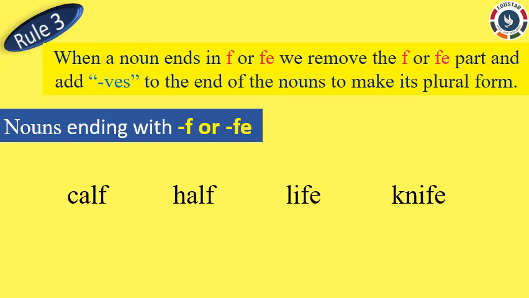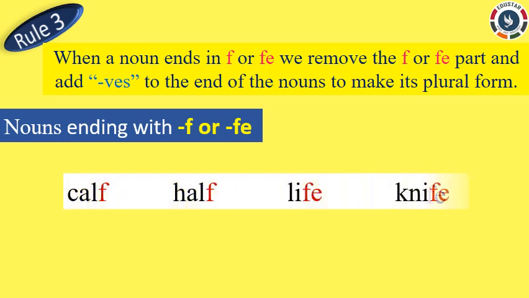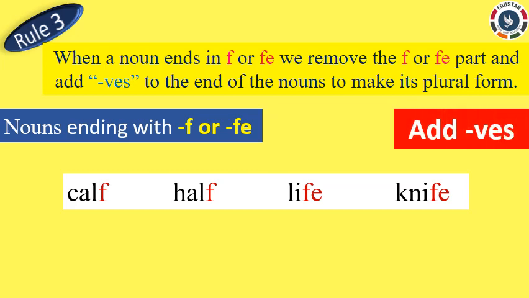As you see here, the words end with f or fe. So, what should we do? Good. Remove f or fe and add ves. So, we get calves, halves, lives, and knives.